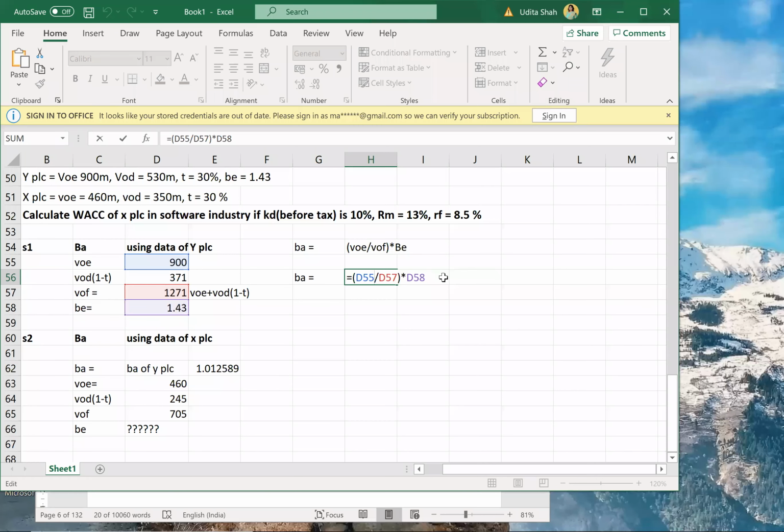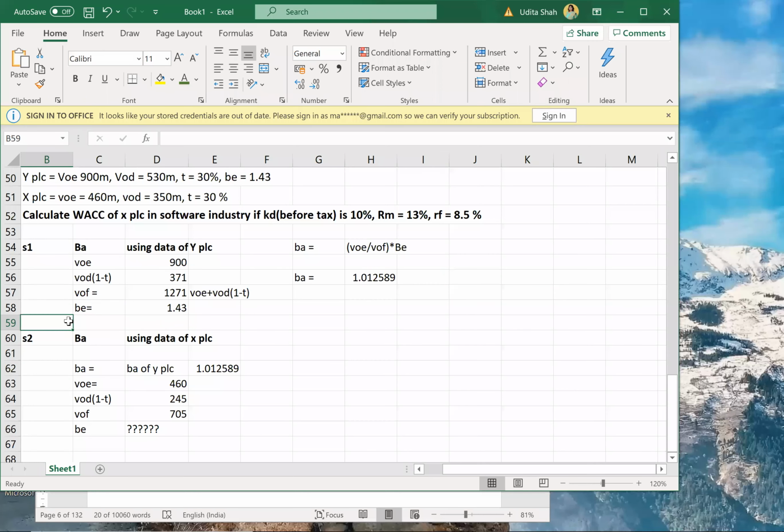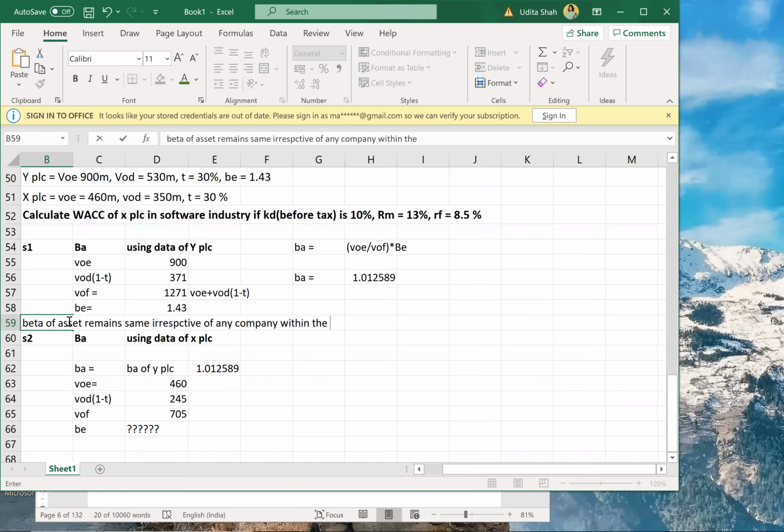That gives me beta of asset. Now I'll insert a new line over here. Beta of asset remains same irrespective of any company within the same industry.